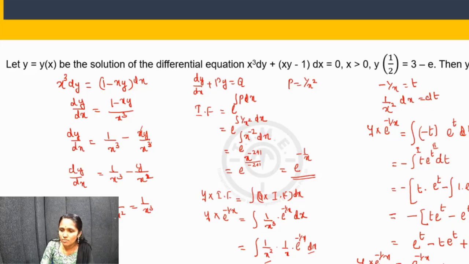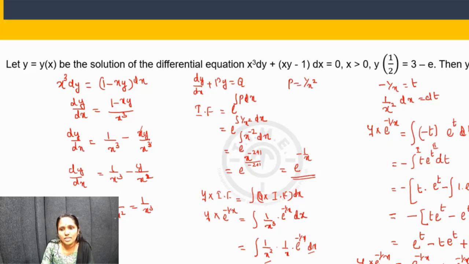So this will become plus 1 by x into e raised to minus 1 by x plus c. Now we can divide this equation throughout by e raised to minus 1 by x. So we will get y is equal to 1 plus 1 by x plus c into e raised to 1 by x. So this is the solution of the differential equation.